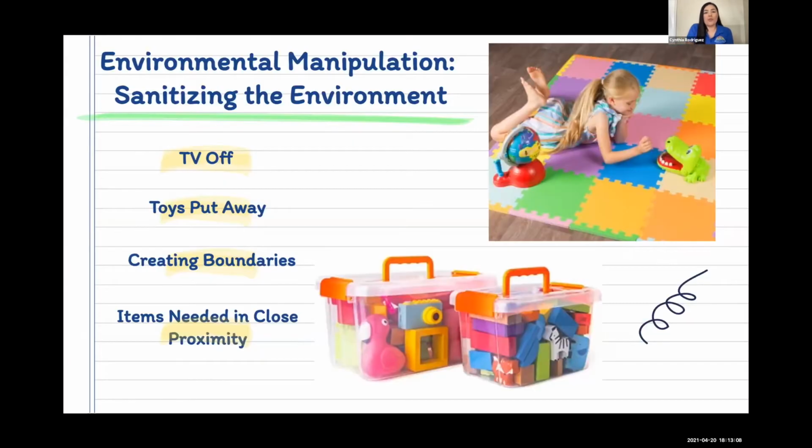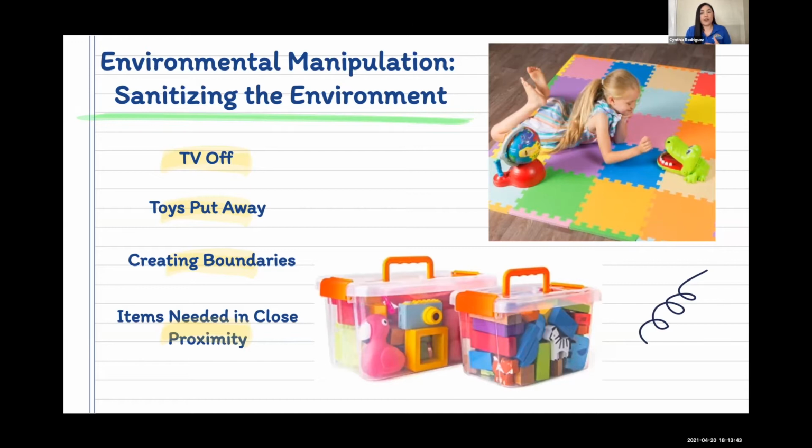So first, we'll go into sanitizing the environment to reduce the problem behaviors. We want to make sure that we are in control of those competing things that are happening in our surrounding, such as the TV being turned on or other toys or activities being in sight that the child could easily get distracted with. Something as simple as turning off the TV and putting other distracting activities or toys away is going to definitely help to make sure that those impeding behaviors do not occur.